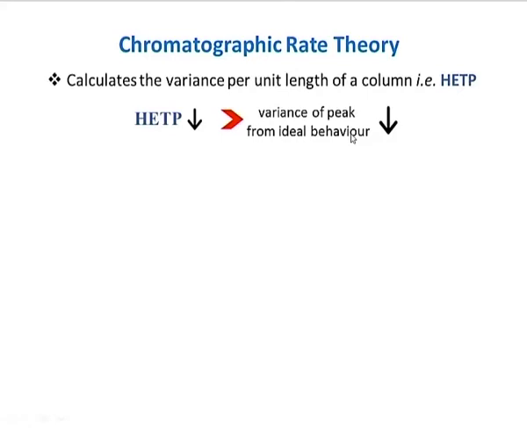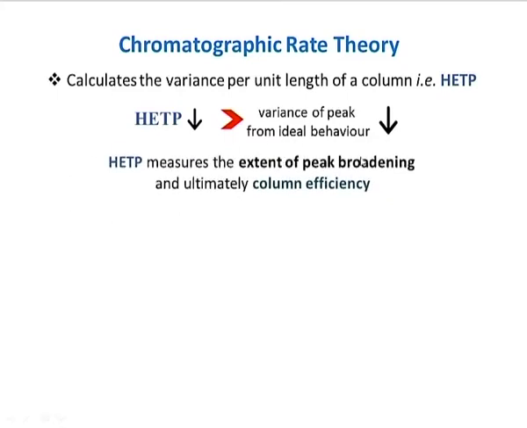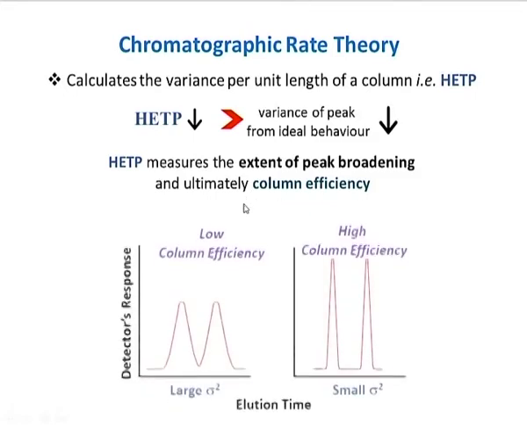The ideal behavior is when a peak can be obtained as a square shaped line rather than a Gaussian shaped curve. So, that variance would also be less if height corresponding to one plate is less, which would mean that column efficiency of such a chromatographic experiment would be high. So, that is how height equivalent to a theoretical plate is related to column efficiency.